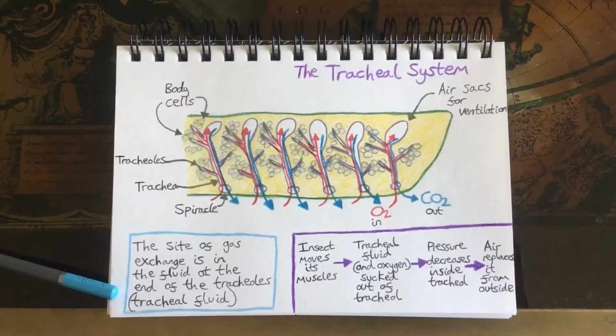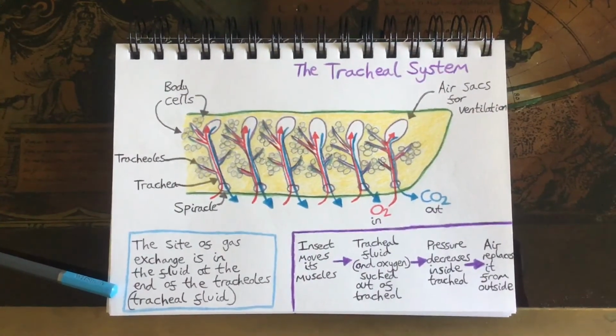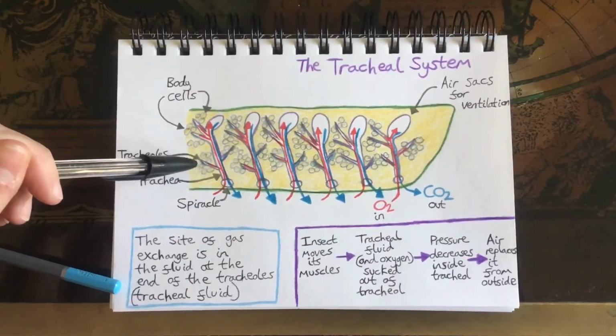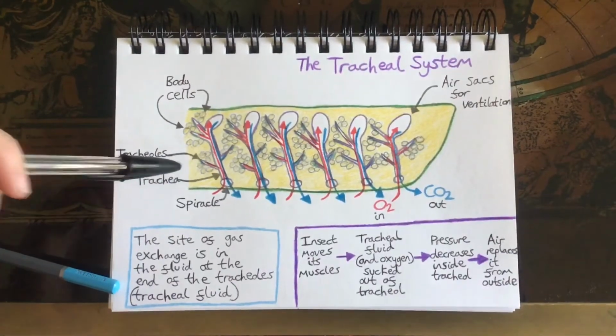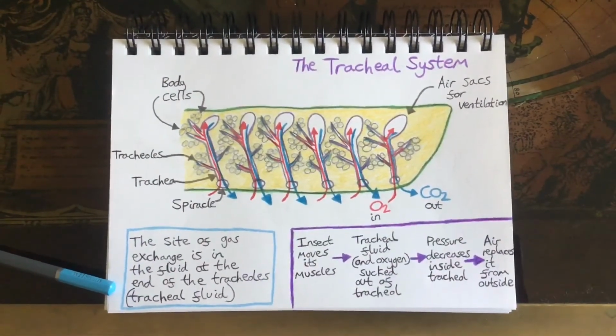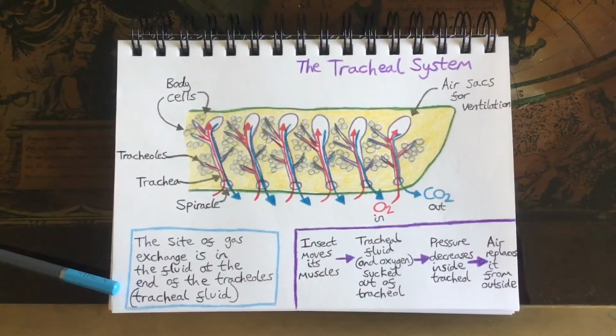So oxygen will diffuse into the fluid from the tracheoles and then into the body cells from the fluid. So I've tried to draw it on, but the fluid is at the very end of the tracheoles here. And it's touching the tracheoles, and it's also in contact with the body cells so that oxygen can diffuse into the body cells from the fluid.